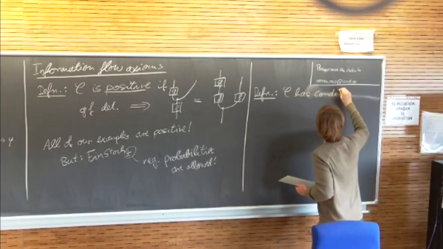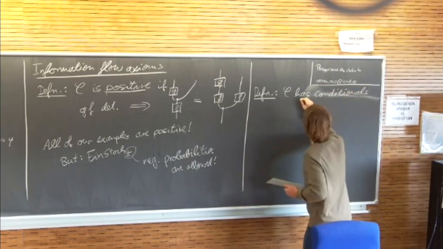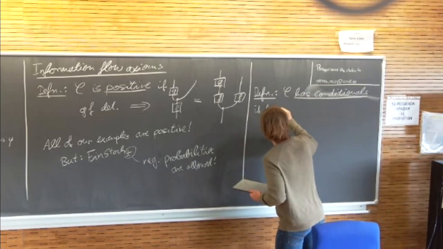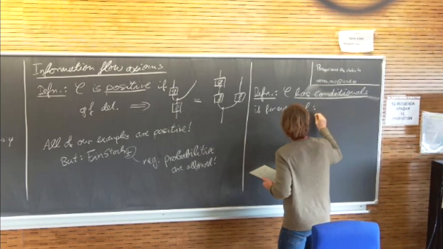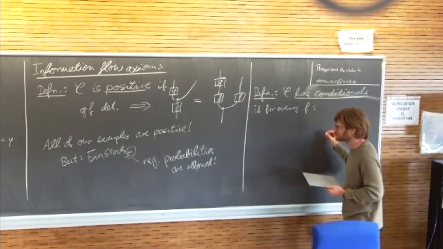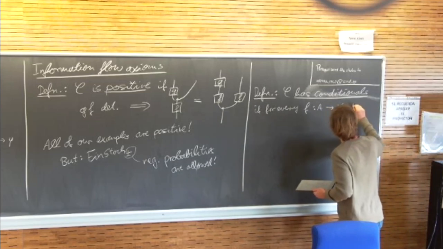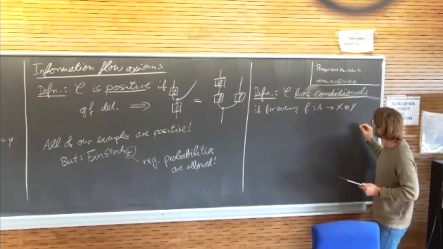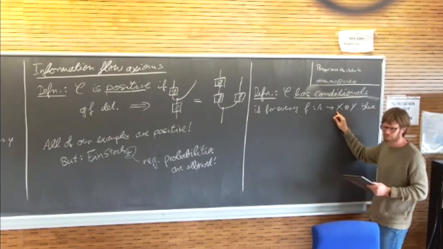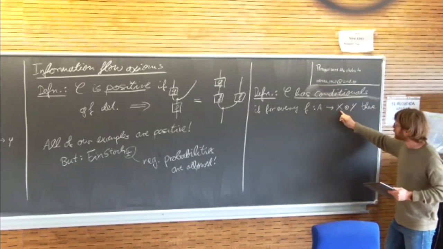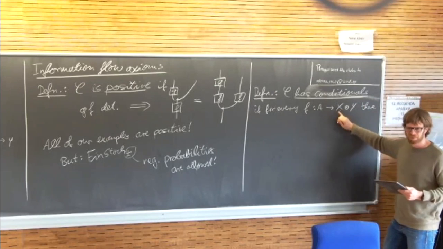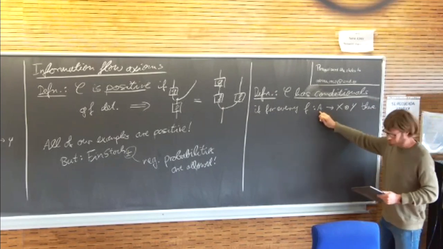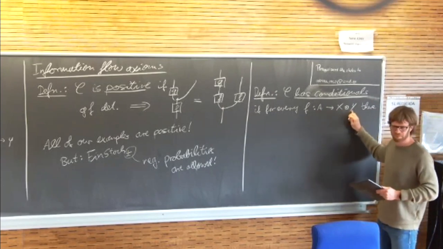So say that C has conditionals if, whenever we have a morphism that has two outputs, and of course it can have any number of outputs as long as we're partitioning them into two subsets, it should be possible to factor this into first producing an x, the output that corresponds to x, and then using that value together with the original input value to produce the second output.